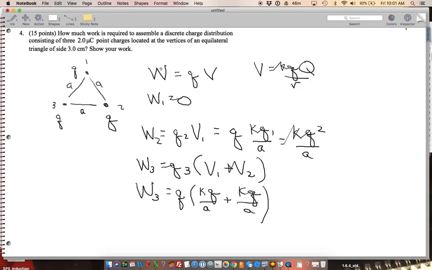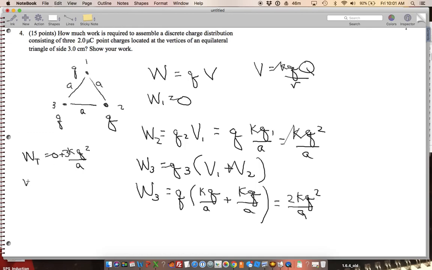So the work required then to assemble this group of charges is we add them all together, W1, W2, and W3. So we get W total equals 0, plus W2 is KQ squared over A. And W3 is 2KQ squared over A. So if I have one of these here from W2 and then W3 is 2, then I can just say this is 3.